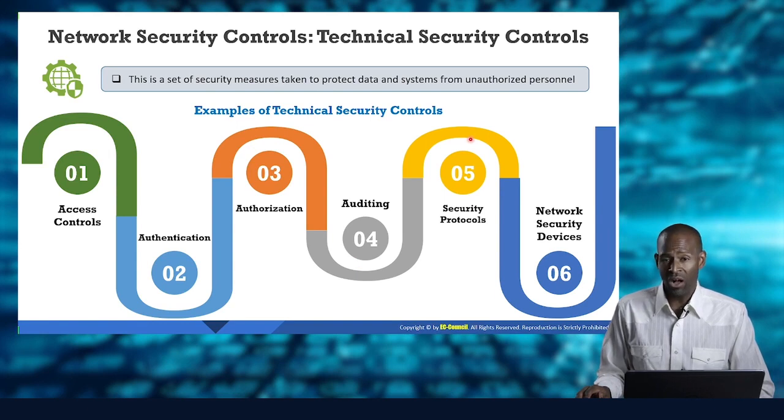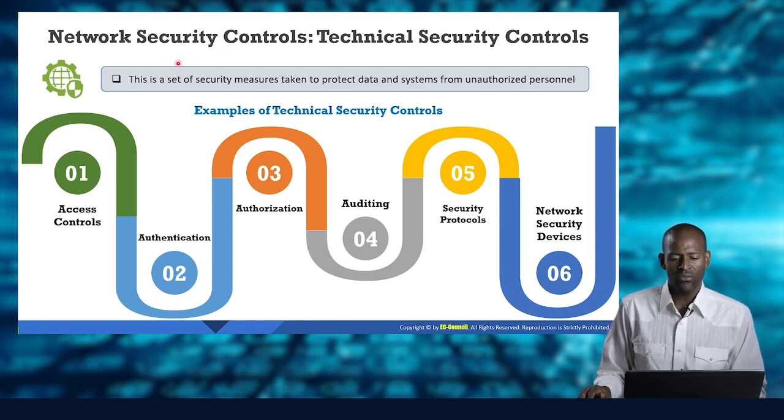But we're also going to take all that signal and move it through a network security device, like a firewall, an intrusion detection system, IDS, or an intrusion prevention system, IPS. So that's what we're doing with security controls. And the most important focus word on this is that it is a set of security measures for controlling and protecting resources from unauthorized personnel.